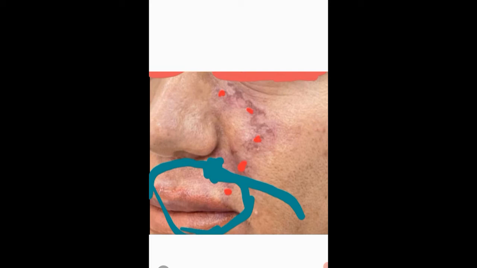In this case, it is very important to do the emergency action, and our emergency action was to inject hyaluronidase, about double strength hyaluronidase, on the injection site, just into the injected filler.